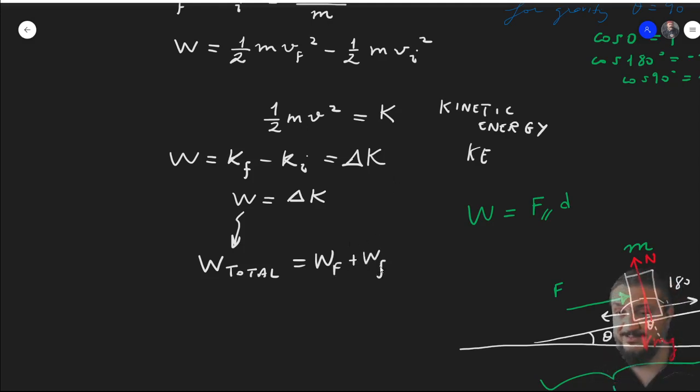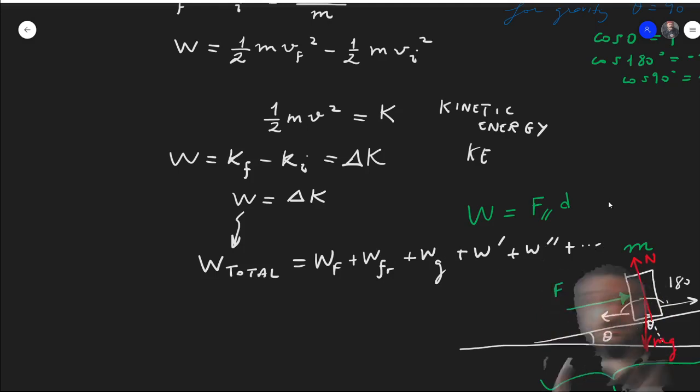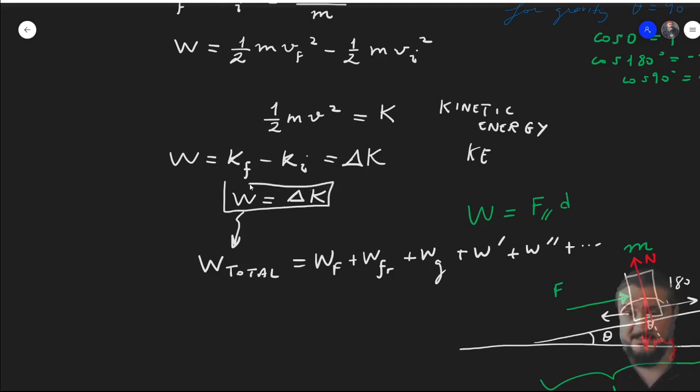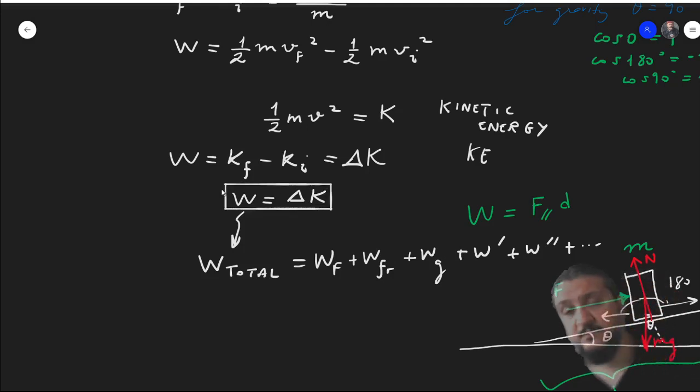I'm going to call it little f or F_R for friction. Work done by gravity, and then work done by your friend, and then his friend, blah, blah, blah. You may add as many as you want, but add everything up, and that will be the total work. That total work is the work in the work-energy theorem.